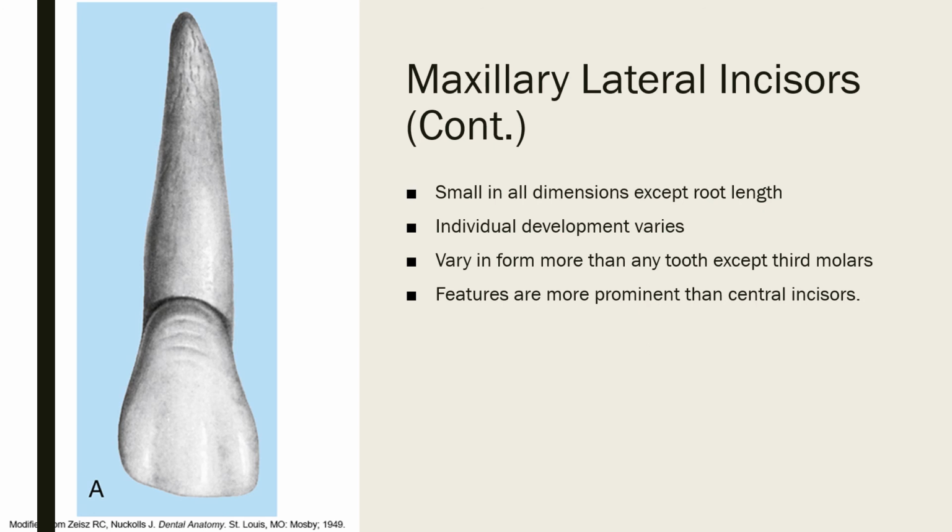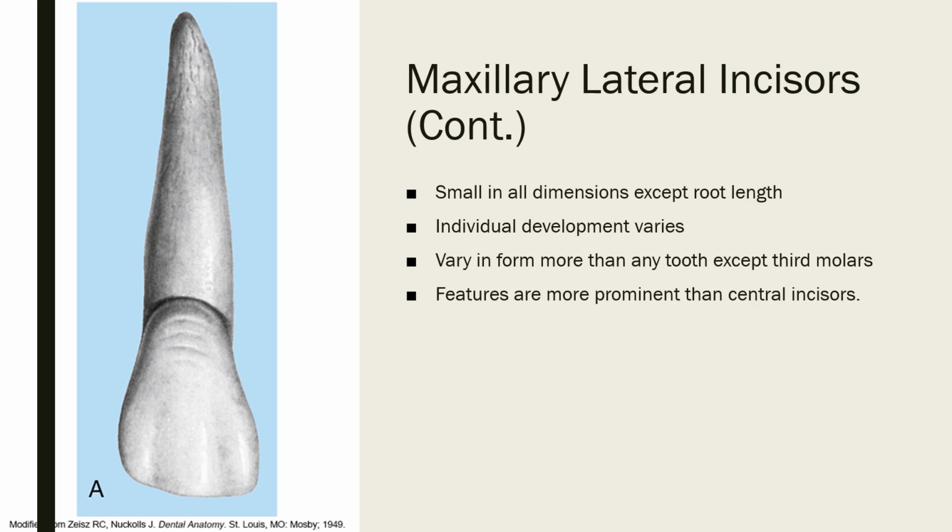The maxillary lateral incisor is much smaller in dimension, except for the root length, so it's going to be a lot smaller than the central incisor. Individual development does vary. Remember, this is a tooth that varies more in all the anomalies, except for the third molar, which is number 1, and then the laterals are number 2.